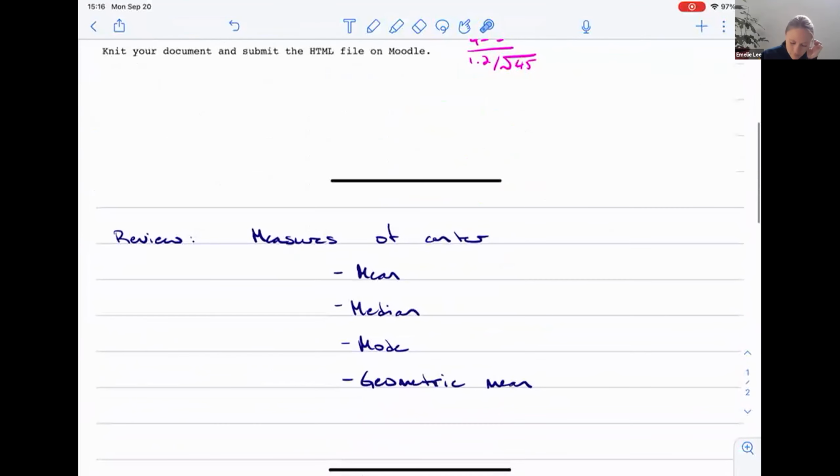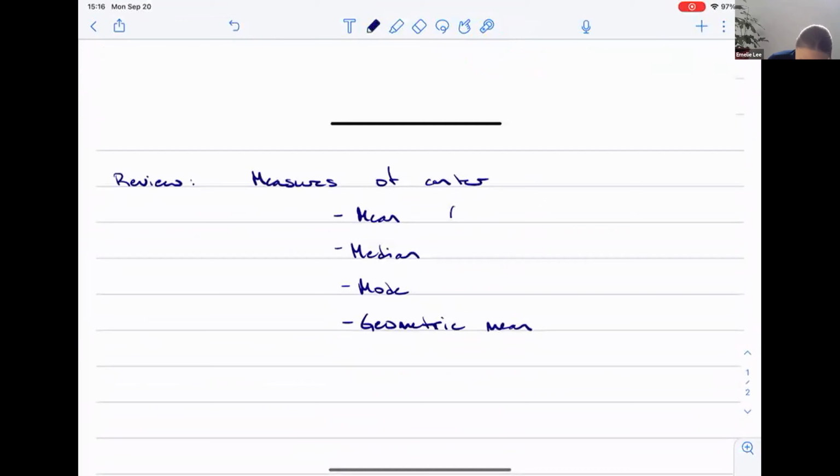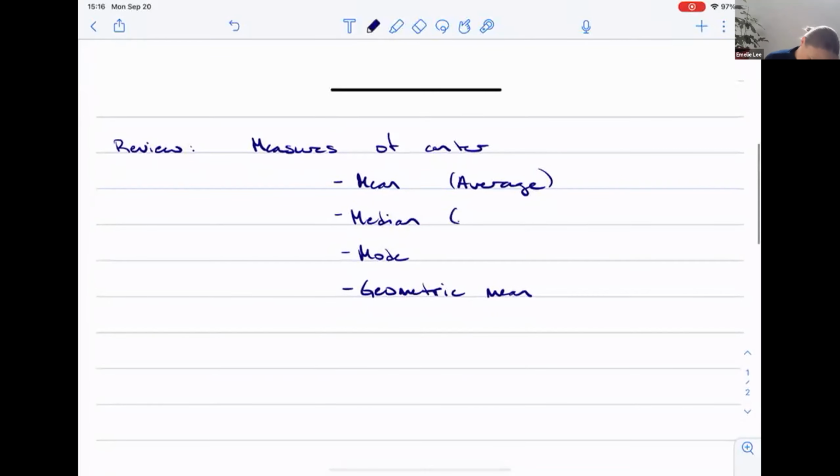All right. So we talked about measures of center, and really what we should be doing is calculating these using software. So in class here, we just talked about what they were. How do we calculate the average? So the mean is the average. The median is the central value, assuming that you've sorted your data from smallest to largest.